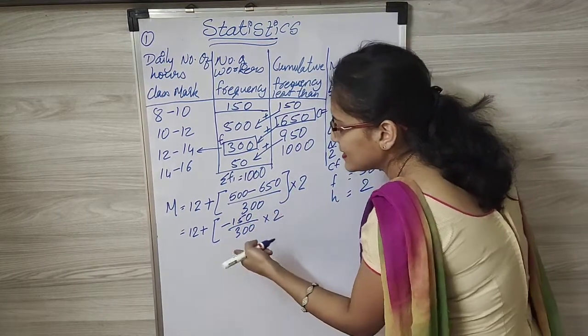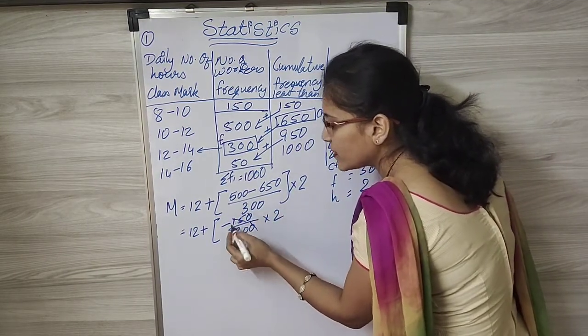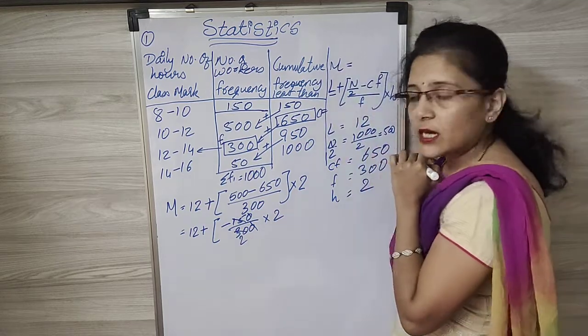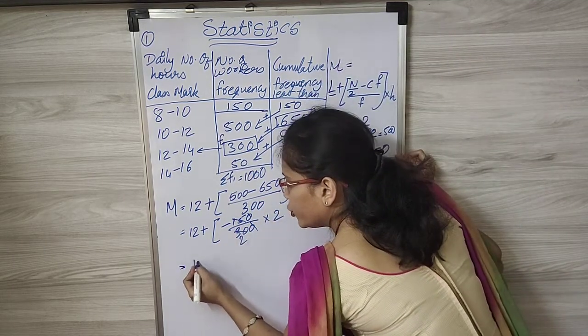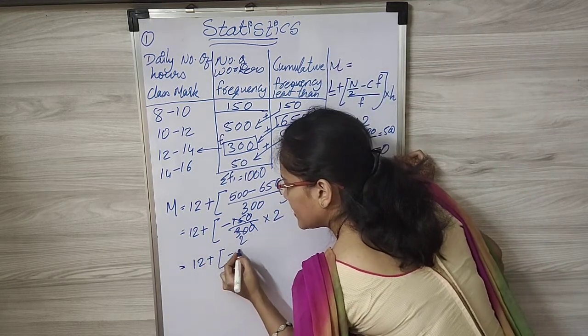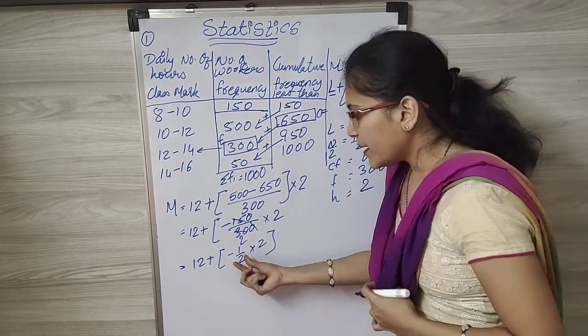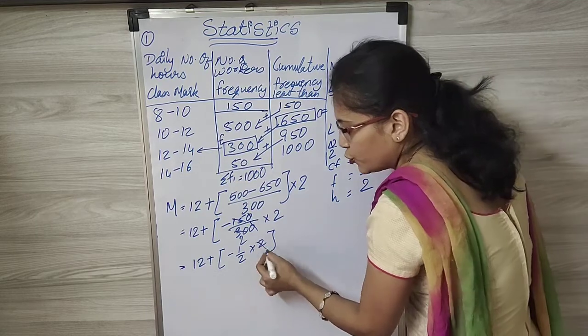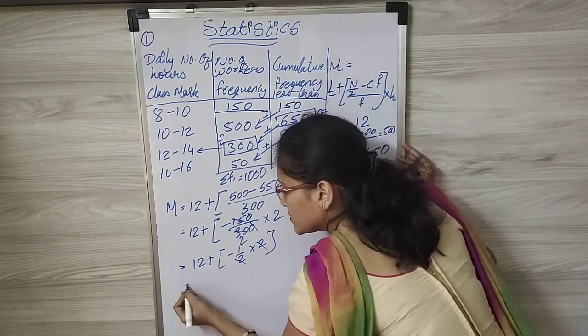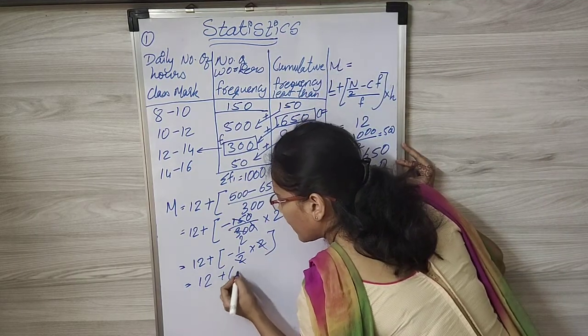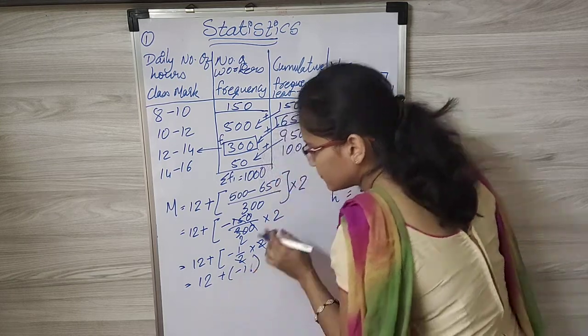You can cancel here, reduce the zeros: 15 ones are 15, 15 twos are 30. So this becomes 12 plus minus 1 by 2 into 2. Now the 2 gets cancelled, right? So this becomes 12 plus minus 1.